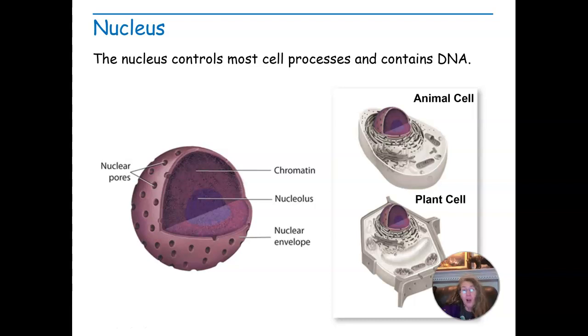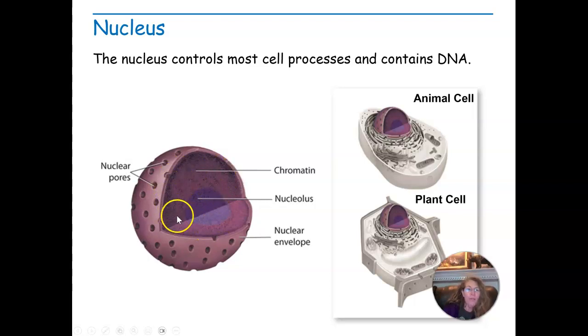So if we think about our DNA as pieces of string or yarn, think of it that as humans, we have 23 different pieces of yarn. So 23 different colors of yarn of different lengths. And so if we took all those 23 colors of yarn and wadded them up, they'd still all be separate strings, but it would be one big mess of yarn. And that's what the chromatin is.